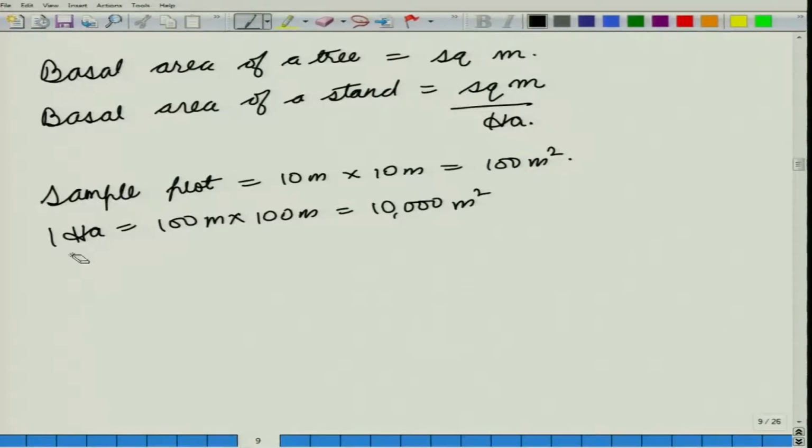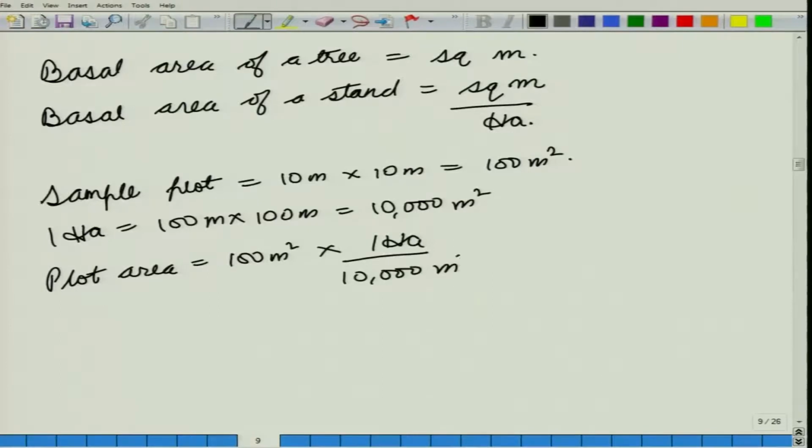So, the plot area is 100 square meters multiplied by 1 hectare upon 10,000 square meters. These cancel out, which gives 0.01 hectare. That is the area of the sample plot.